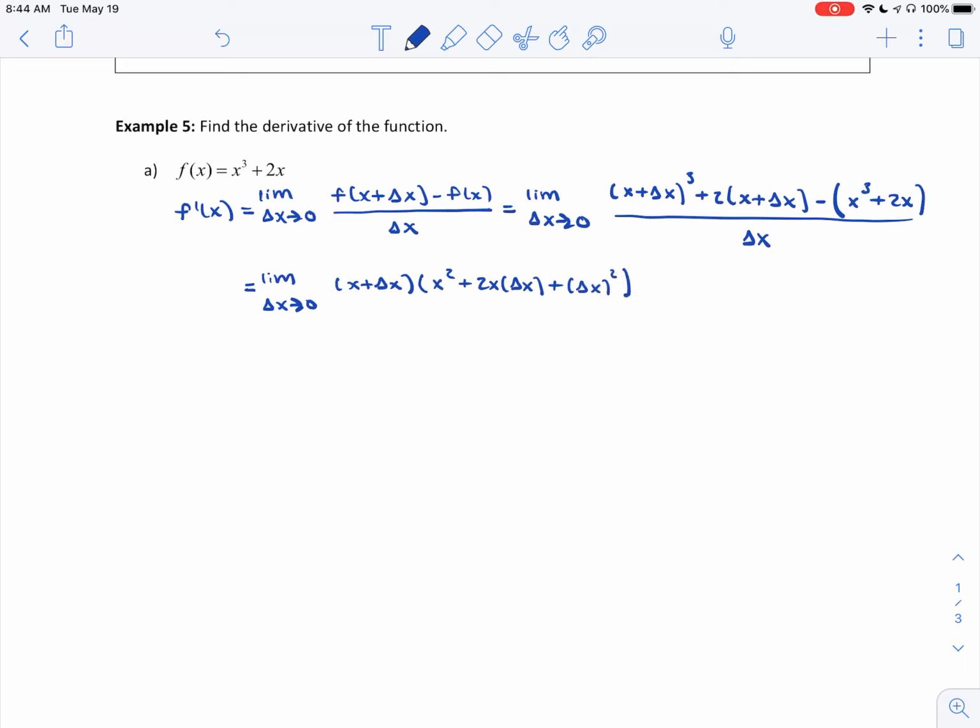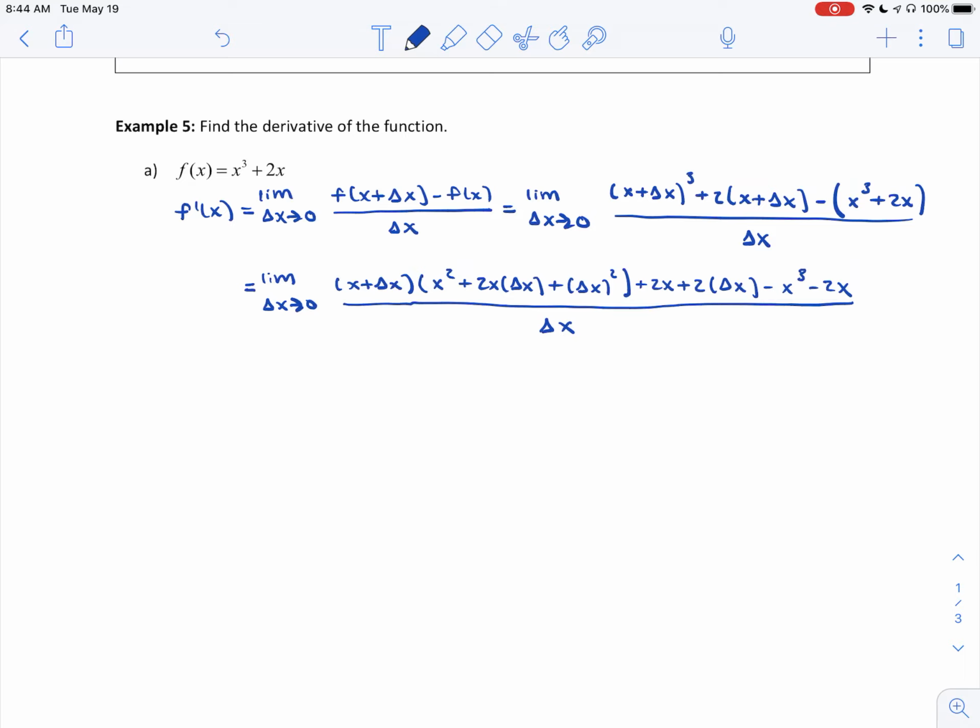And then this next term, just distribute our 2 in, so plus 2x plus 2 times delta x, and then distribute that negative through on the end there. So minus x cubed minus 2x.